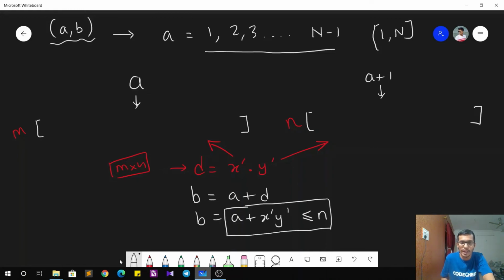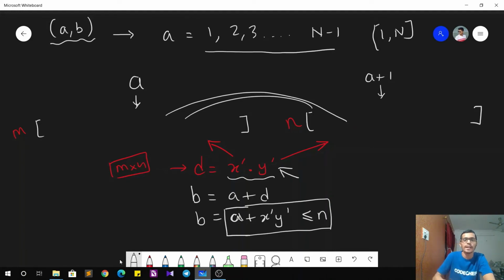Only those values of x dash and y dash are acceptable, not all the combinations of x dash y dash. Only those combinations are acceptable for which A plus x dash y dash is less than or equal to n, so that A and B lie in the range 1 to n. So how do we do that?